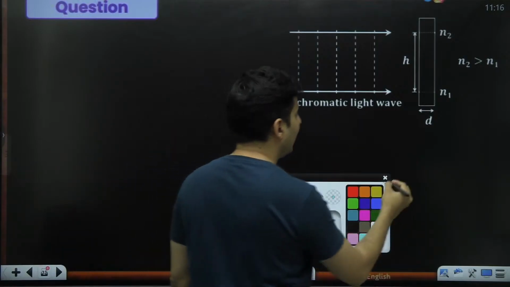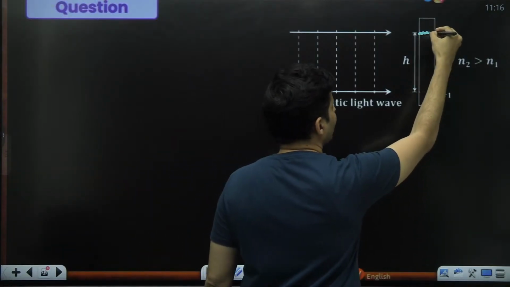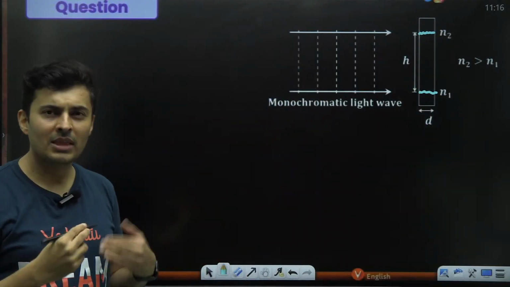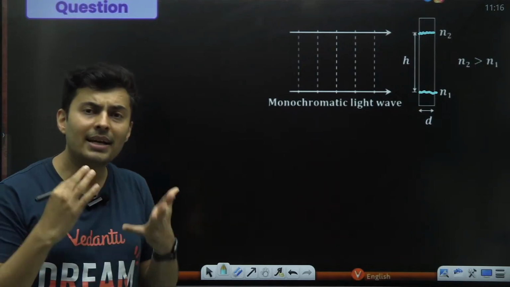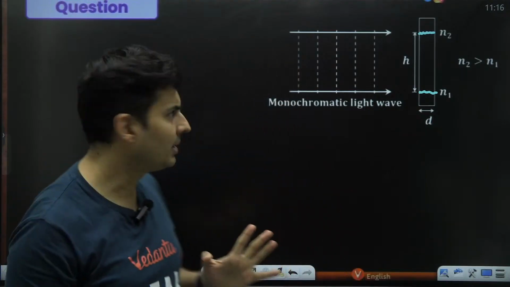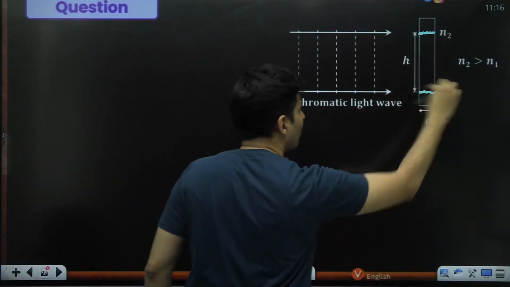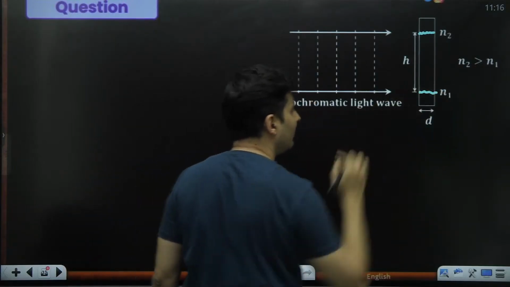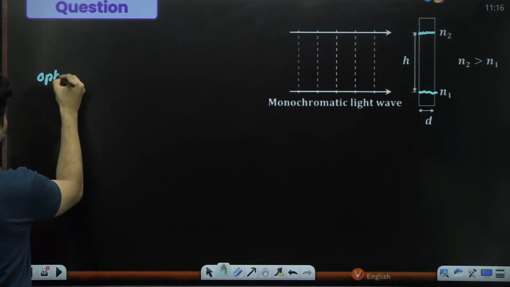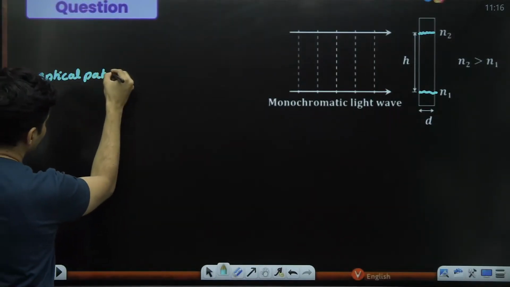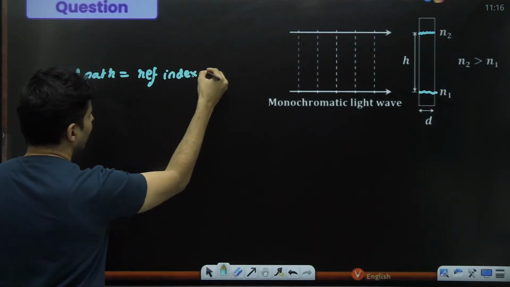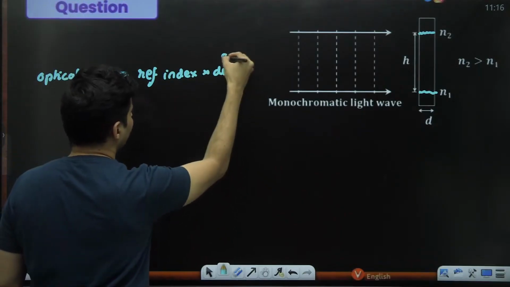See, consider that ray which is going here versus which is going here. There is some path difference between them. That is what will give me the deflection eventually. See, the ray number 1 is traveling in a refractive index n1. The optical path which we have discussed before is refractive index multiplied by the geometrical distance.